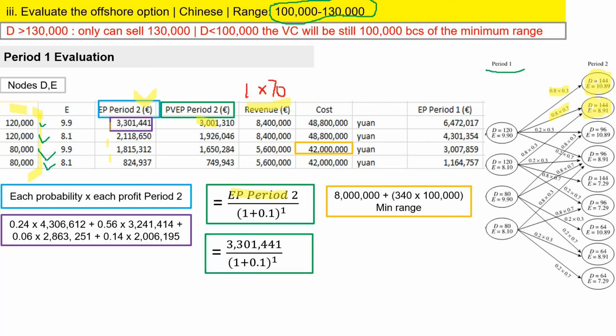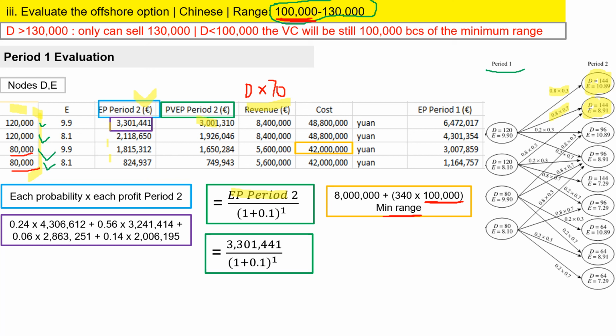But the cost will be a little different, because we need to pay attention to the minimum range of our production. So the yellow box here, the cost we get from the fixed cost plus the variable cost times 100,000 units, because that is our minimum range of production.